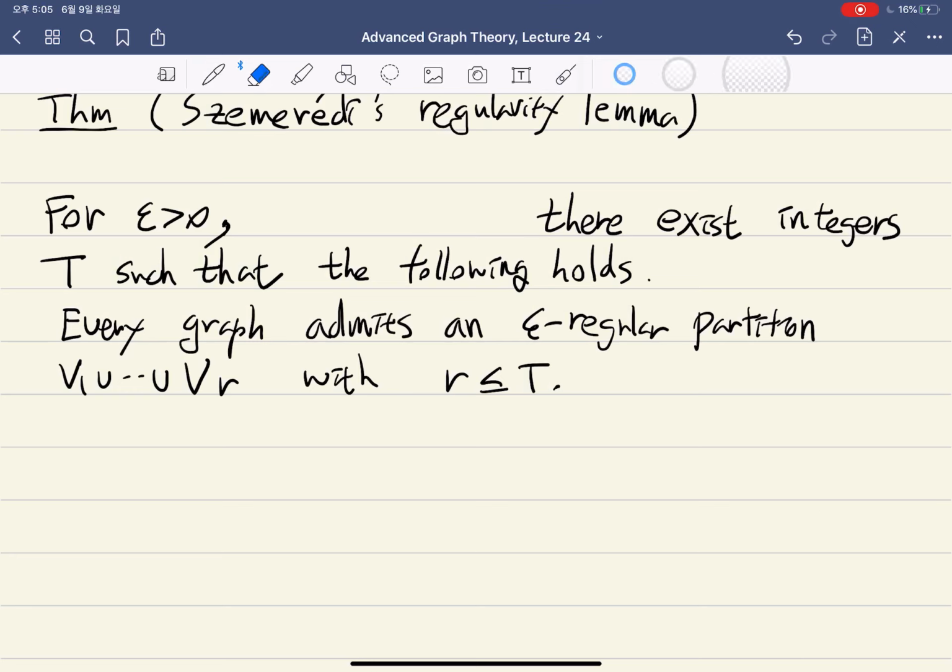I will explain it a bit later. So this capital T actually depends on the epsilon.